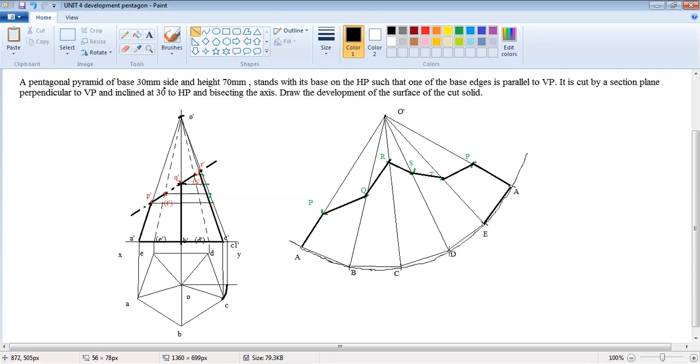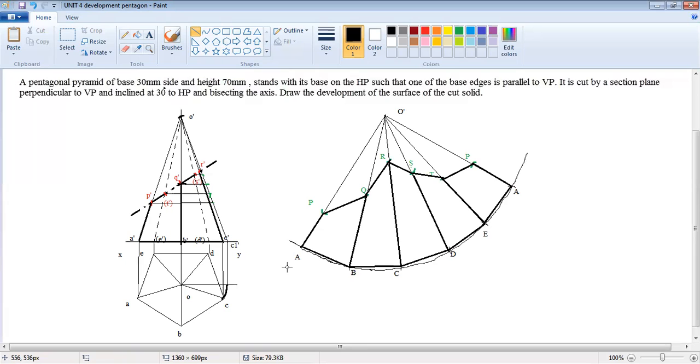And also you have to draw the bottom edges. And also you have to draw the hidden edges inside the points CA, QB, R, D. So this is the development of a pentagonal pyramid, which is cut by a section plane perpendicular to the VP and inclined 30 degrees, bisecting the axis.